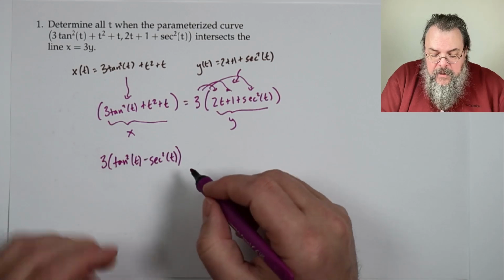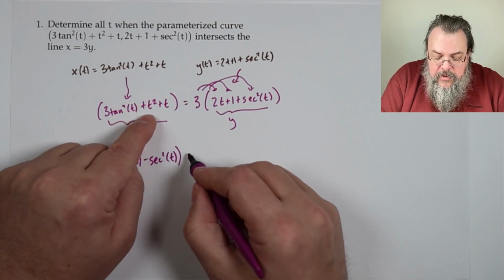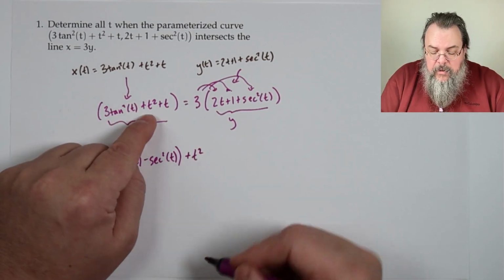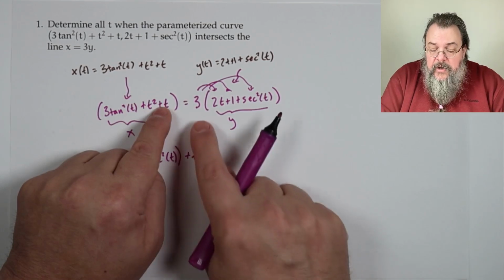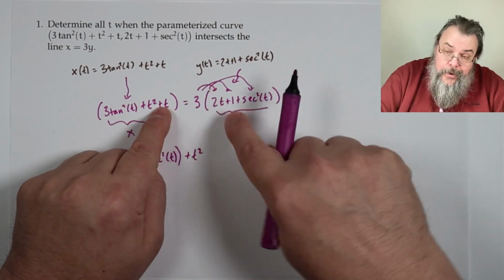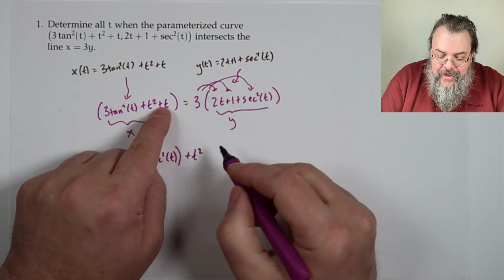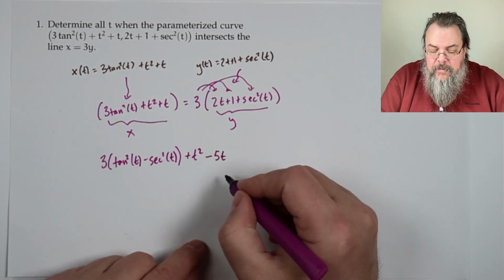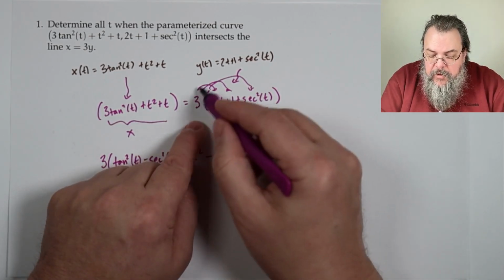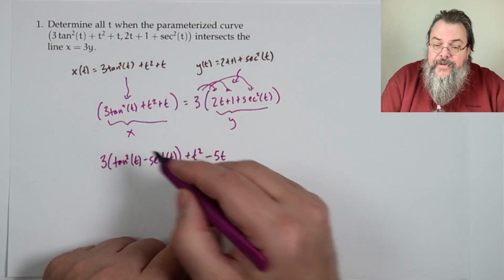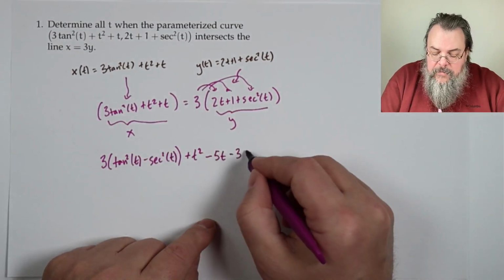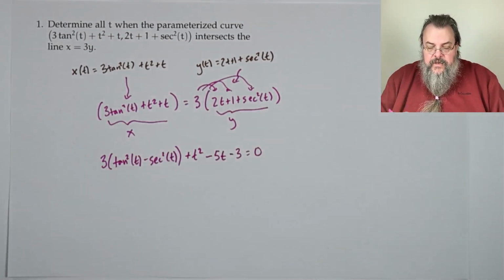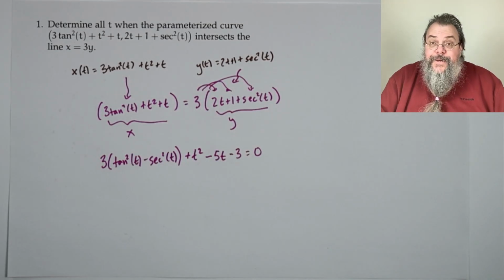Hopefully we can. There's only that t squared, so okay, plus t squared. There's a t here. There's a 6t over there. Move it across. And then so t subtract 6t minus 5t. And then here, plus 3, move it across. Minus 3 equals 0. Okay, good, good.